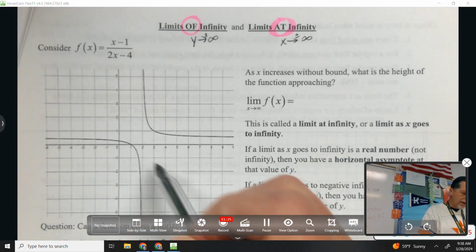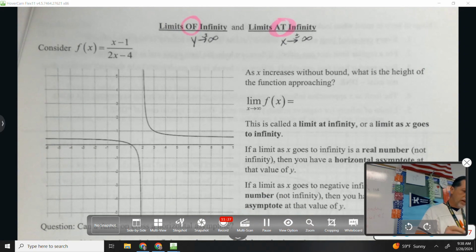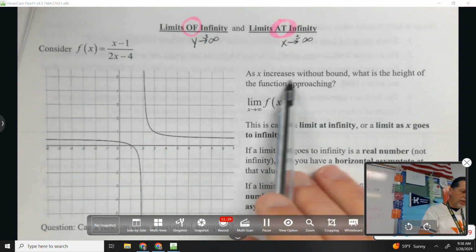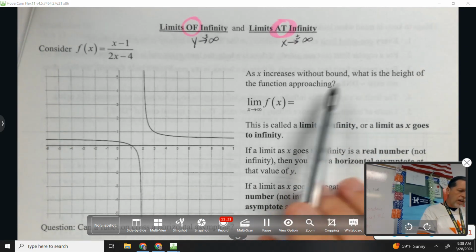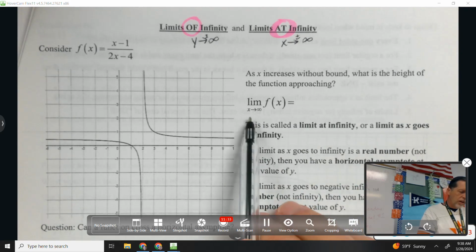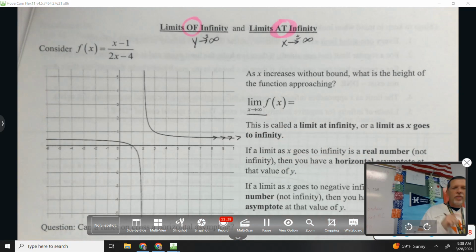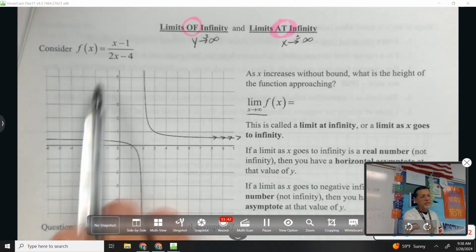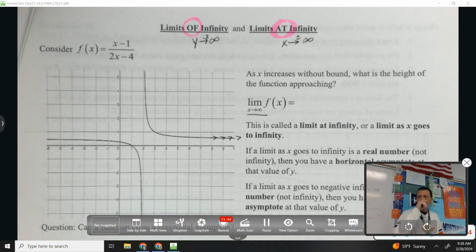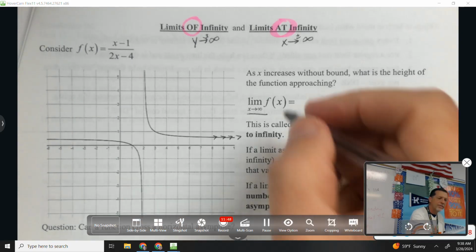All right, they were kind enough to spot us the graph here. As x increases without bound, what is the height of the function approaching? So as x goes way, way out there, can you tell by the graph? You might be able to tell by the equation. What is our function approaching? 1/2.